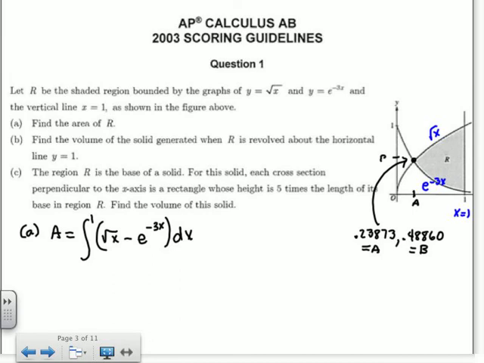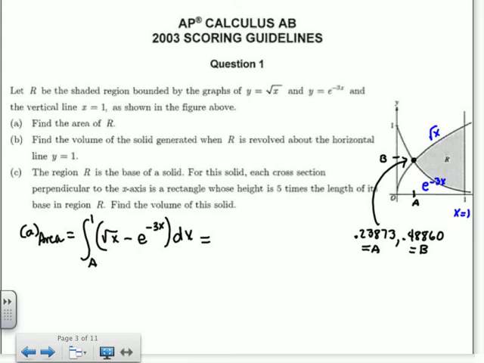This height is B here. So for my area, I guess I should write area since I have A, so I don't get confused with A and A.